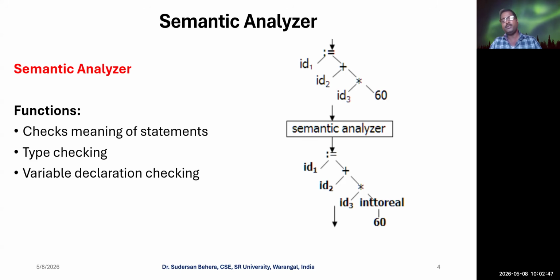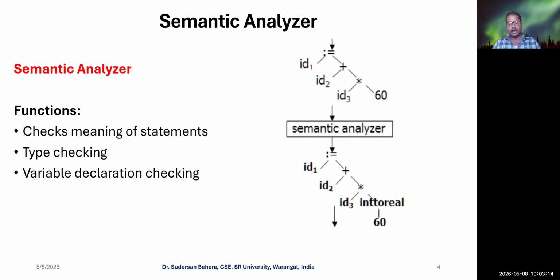You see in this example, the parse tree, which is given as an input to the semantic analyzer, you just identify the parse tree. ID1 equals to plus ID2, the left child, and into is the right child. Then for into, the left child is ID3 and 60 is the right child. This is nothing but a tree.